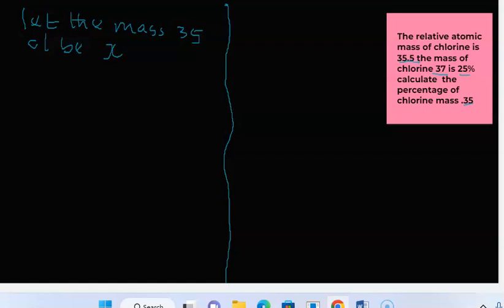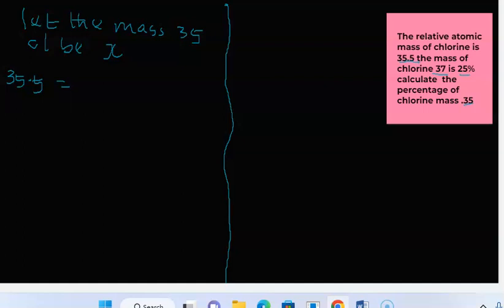Then, since we have the relative atomic mass, this is where we start. Instead of writing RAM or relative atomic mass, we say 35.5 is equal to the percentage times the mass, and we sum up and divide by 100. So we create an equation.